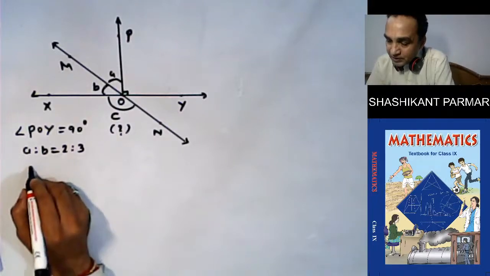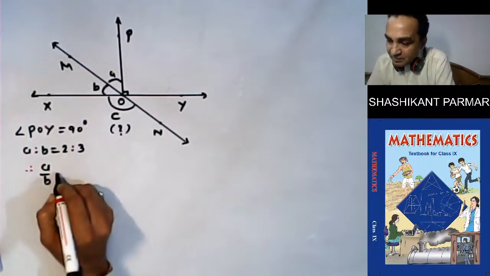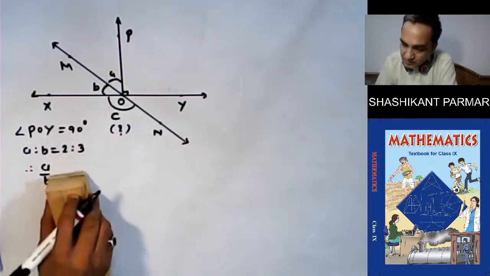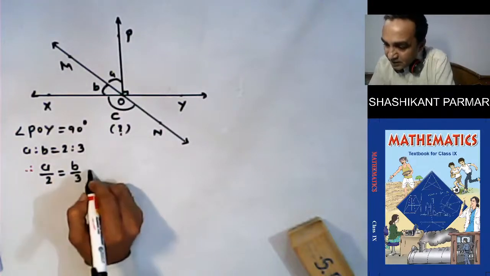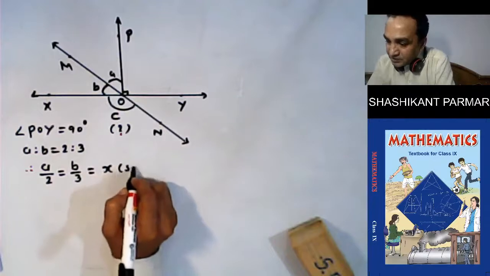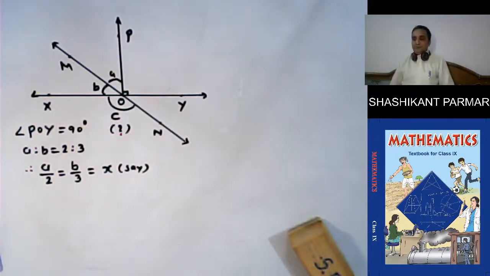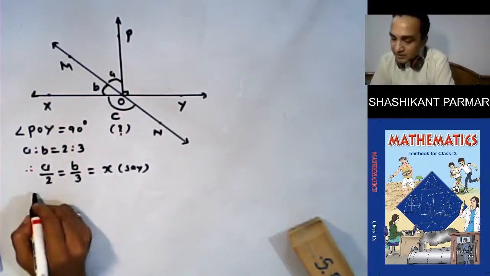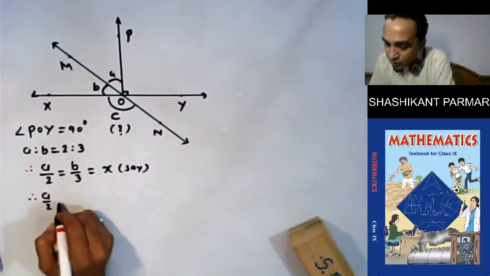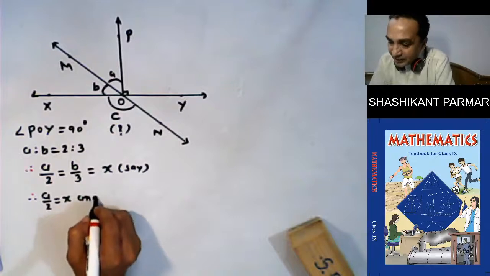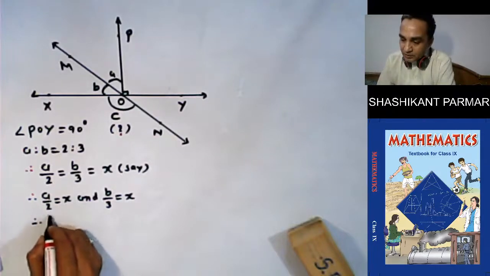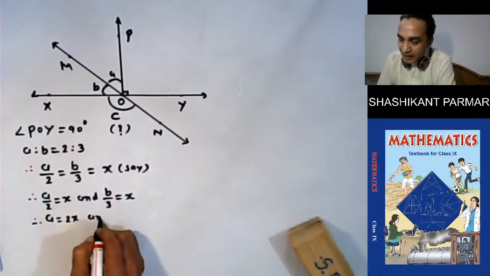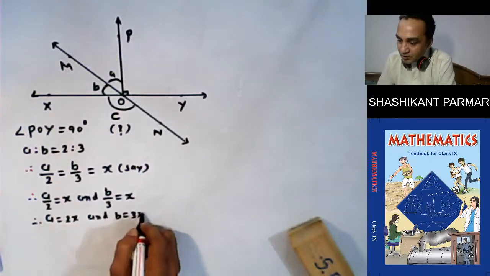So therefore A divided by B, A by 2 is equal to B by 3 is equal to, say, X. Therefore A by 2 is equal to X and B by 3 is equal to X. Therefore A is equal to 2X and B is equal to 3X.